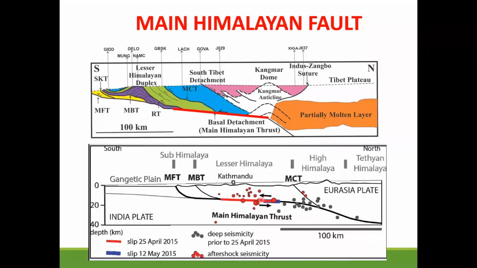And during the Gorkha earthquake, things slipped here and to this extent, almost near where the MBT is. And there was another slip back in here, which later on has been attributed to one of the faults in the duplex, right about here. So this is the region which got activated.